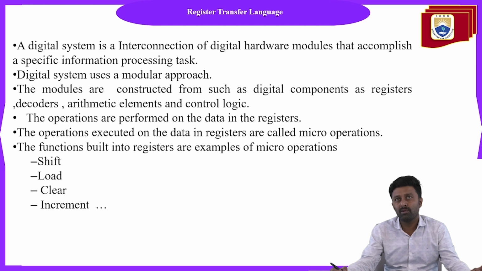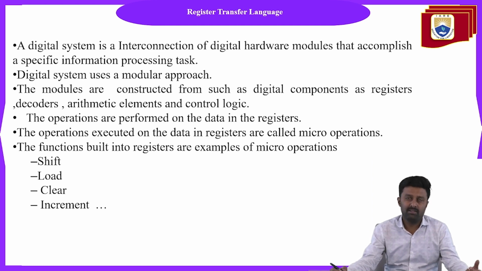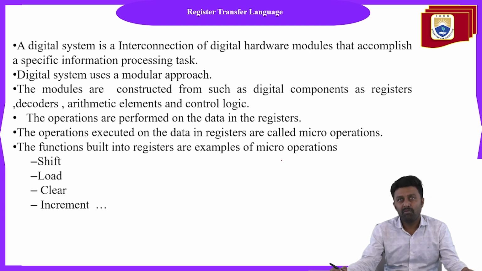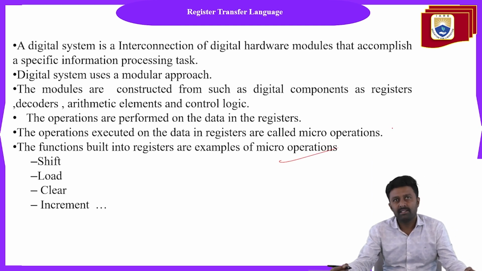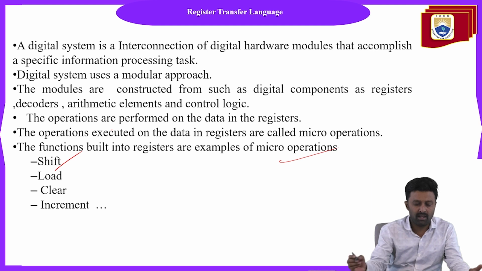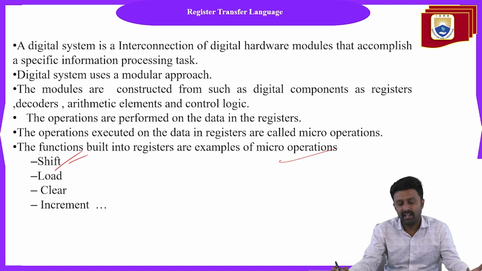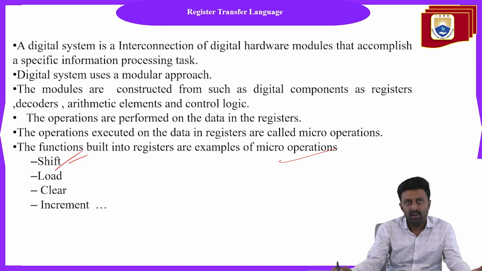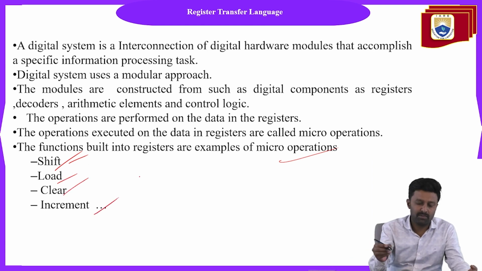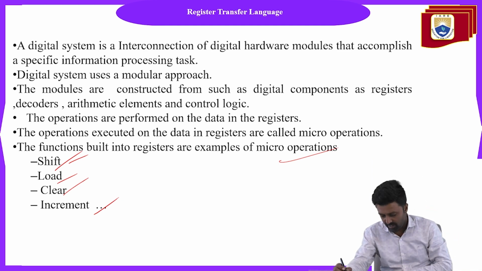The operations performed on the data in the registers we call register transfer language, and the operations we perform on these registers are called micro operations. The general operations we perform on registers in computer architecture are shift operations, such as right shift and left shift, which are used for different applications. Then we use load operations, clear and increment. For all these operations, we use this register transfer language.